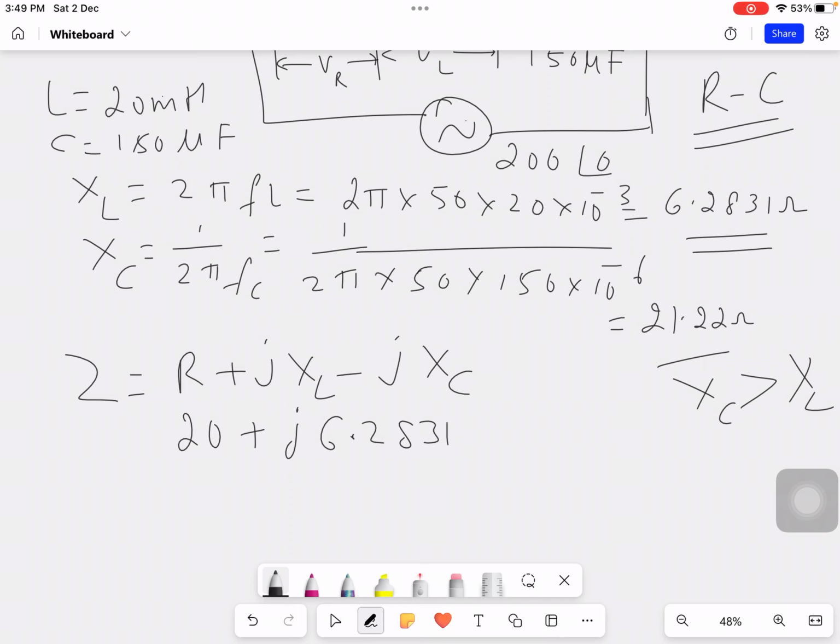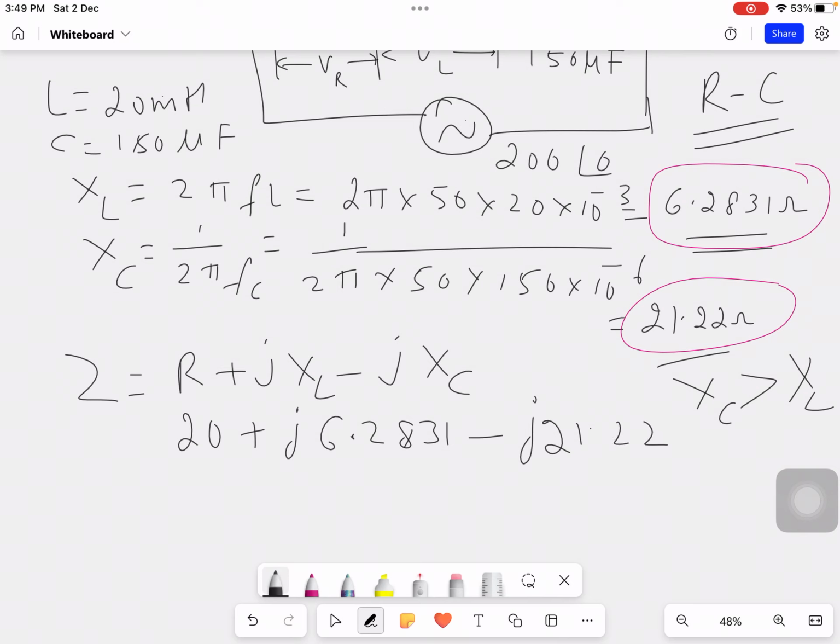These values are very important, you can compare them. Now XC is greater than XL, then power factor is leading, current is leading the voltage. Keep this in mind. Now I am doing the simplification. Now j into XL, 6.2831, minus XC, 21.22.